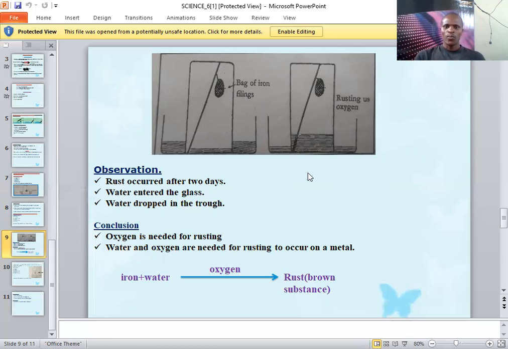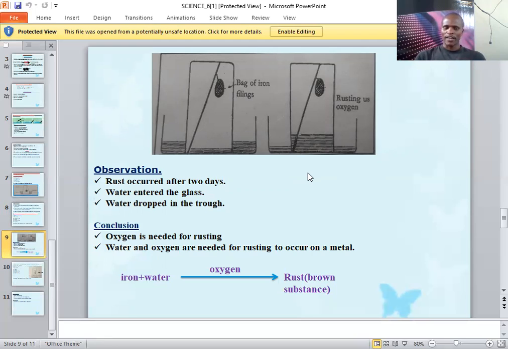And finally, we are going to see the water level rising by 1/5, meaning the oxygen that was there in the glass has been used up. It has reacted with the iron. And therefore, when it has reacted, there will be a space left. That space left will now be occupied by water.